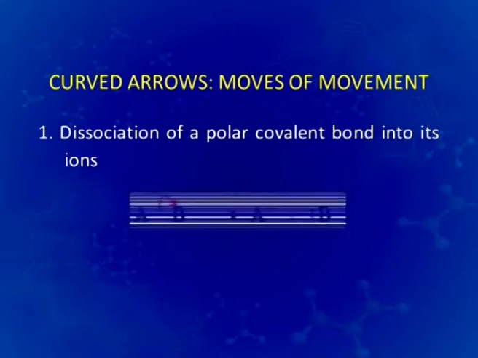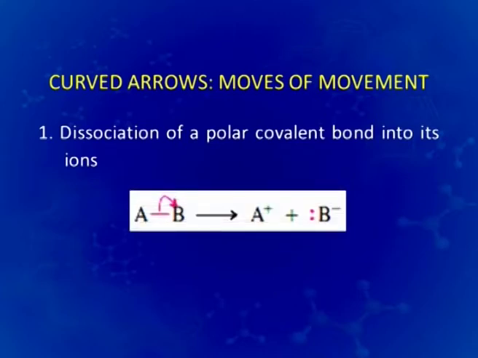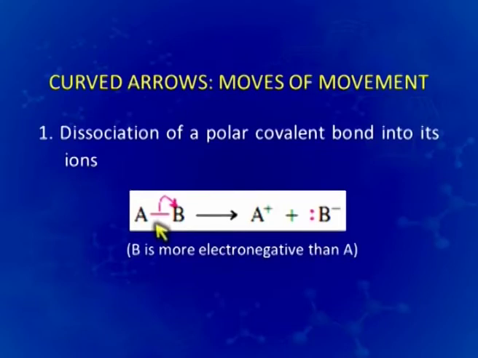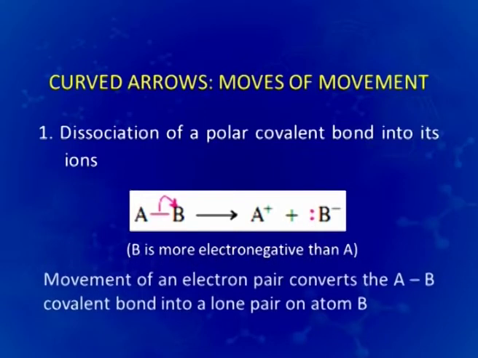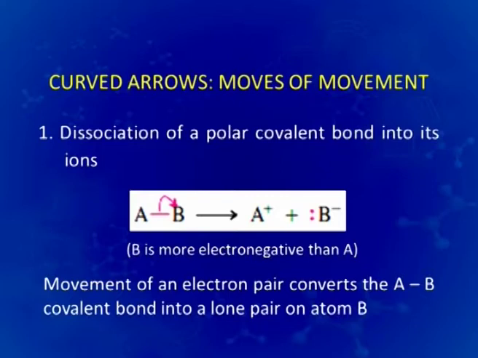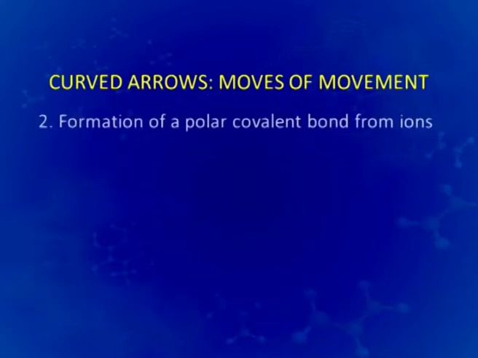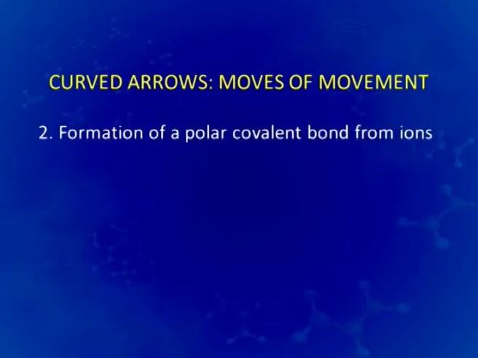In the case of heterolytic fission, if B is more electronegative than A, the arrow will depict the movement of the pair to B and lead to the formation of ions. So, movement of an electron pair converts the A-B covalent bond into a lone pair on atom B.